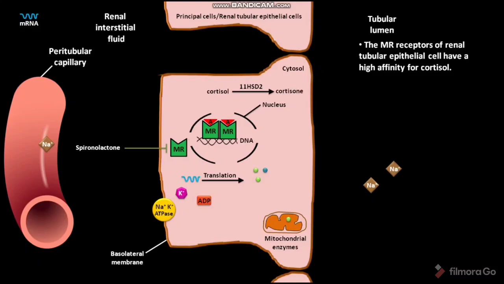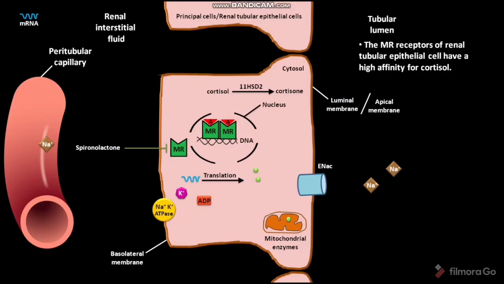Some of the proteins formed from the translation of mRNA move to the luminal membrane of the principal cell and are inserted into it. These proteins are called ENaC or epithelial sodium channel.